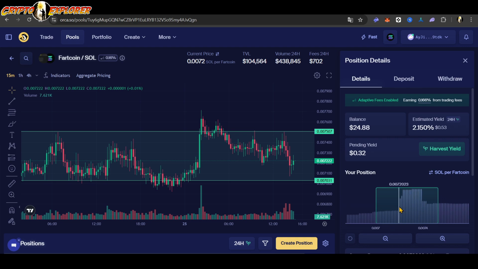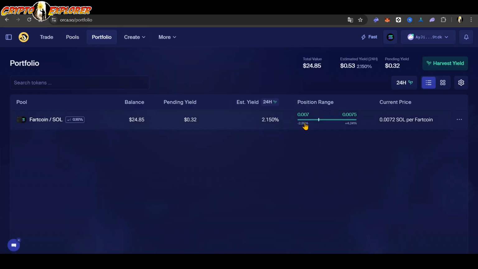If it moves a tick down and the distribution of the liquidity providers still remains here, meaning in this hollow spot there will be less competition, I will see this pending yield increase substantially once again, and also the expected yield for the 24 hours probably double.